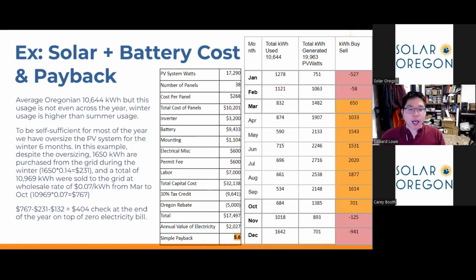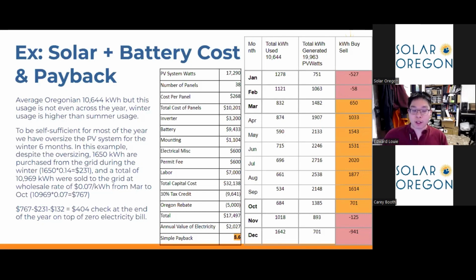And so here's an example system. I took the average kilowatt hours used in a year for an average Oregonian, and weighted the 10,644 kilowatt hours to the shape of the load curve of my house.